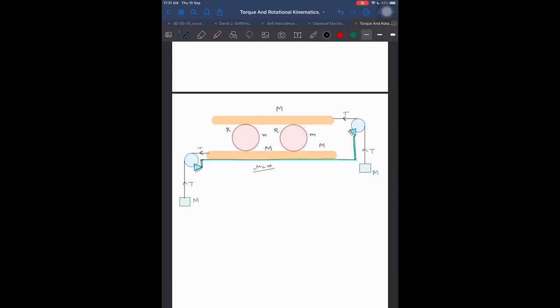Now, these points here. By symmetry, I can tell that these will be having, can I say these are having the same acceleration or different? Let me check once. Maybe these are having different accelerations. That is also possible.